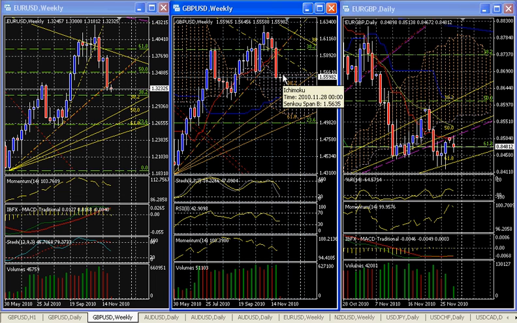Let's transform this into a weekly basis where it is slightly below the Senkou Span B, which is 1.5635.